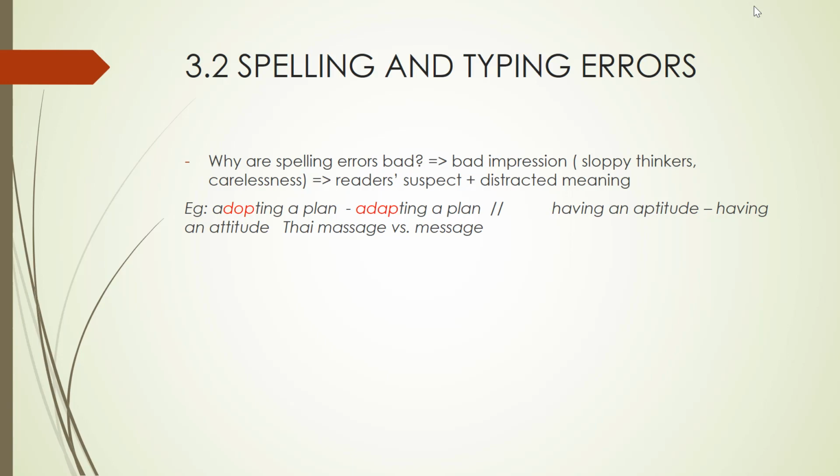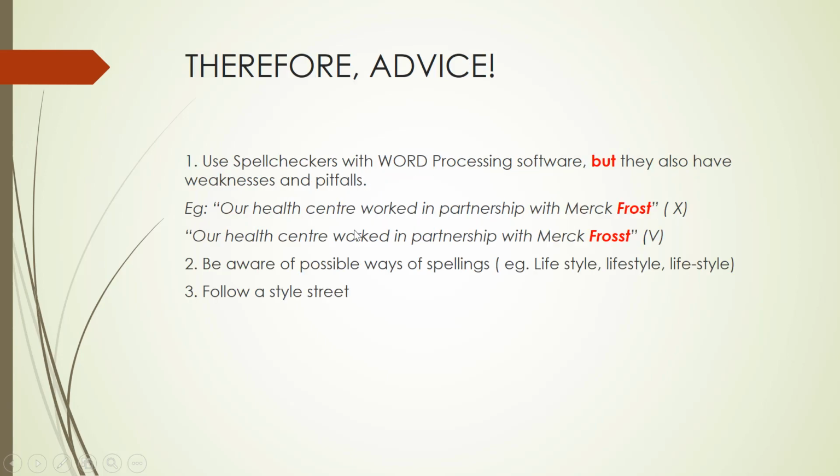The reader cannot understand the right meaning of the message once there are misspelled words in the text given. For example, these are some of the pairs that are normally misspelled: adopt and adapt, aptitude and attitude, message and massage. Therefore, we have a number of pieces of advice for you when it comes to spelling and typing errors.